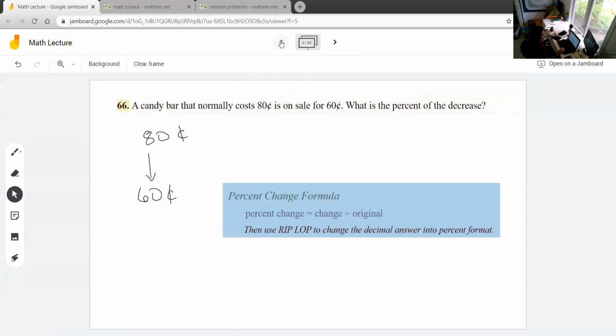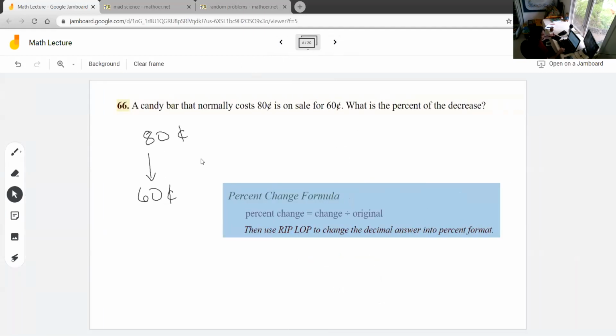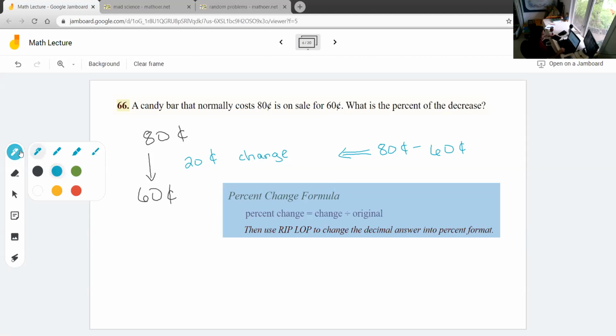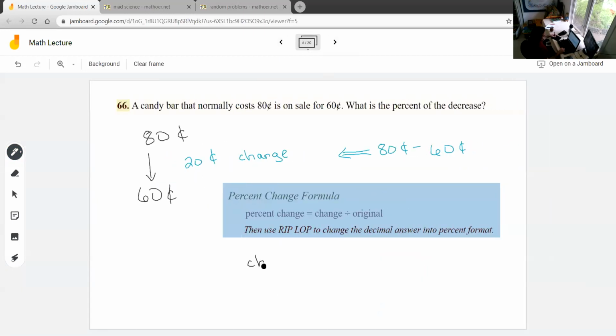So, same as before, we didn't need the 60 cents, but the subtraction isn't hard. Here we do need the change. It's still true, it's just subtraction. So we get 20 cents of change with the 80 minus 60. Now I'm ready to plug things in. Did I write change divided by original? I did. Okay, I will do it exactly the same.